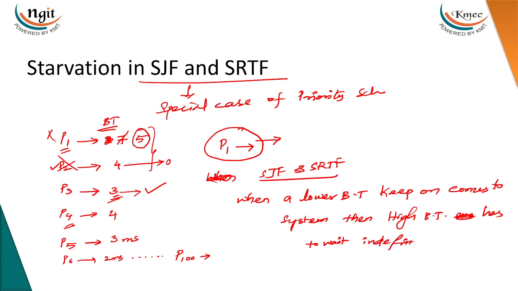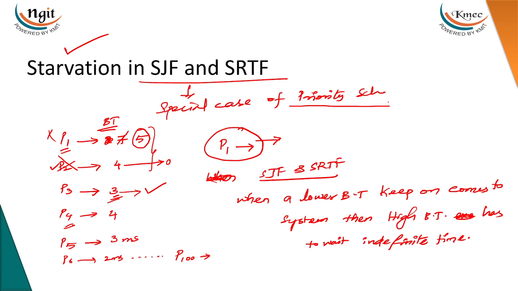How much time? You don't know when this particular process will be scheduled. So this is called starvation. It's a special case of priority scheduling.